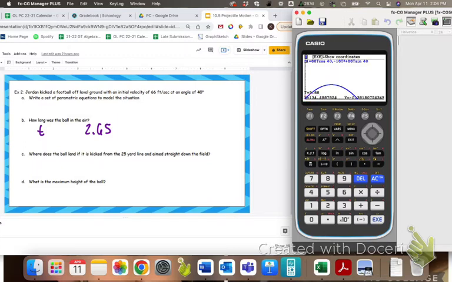So if it travels 134 feet and it starts at the 25-yard line, then that's going to tell us how far down the field it would go, which would be 159 feet if we look at just the total distance, which isn't really on your field. So you can look at it either way. But it goes 134 feet away from where you were standing.